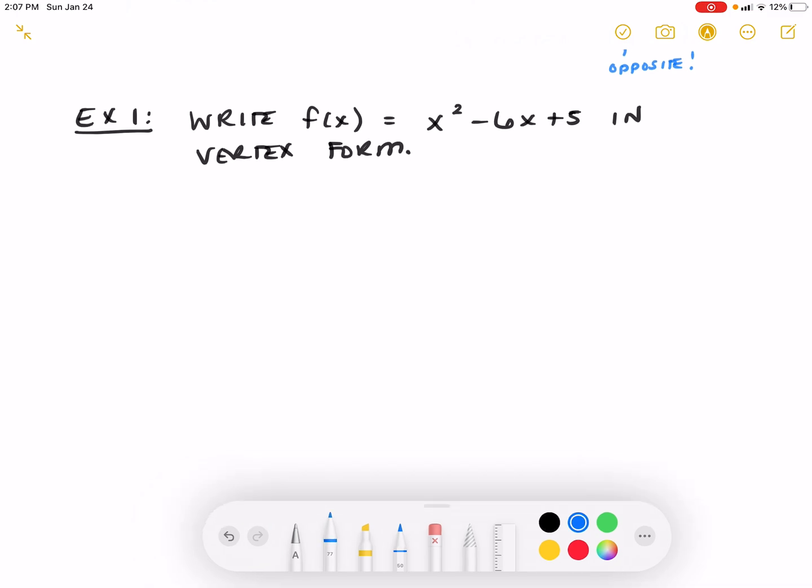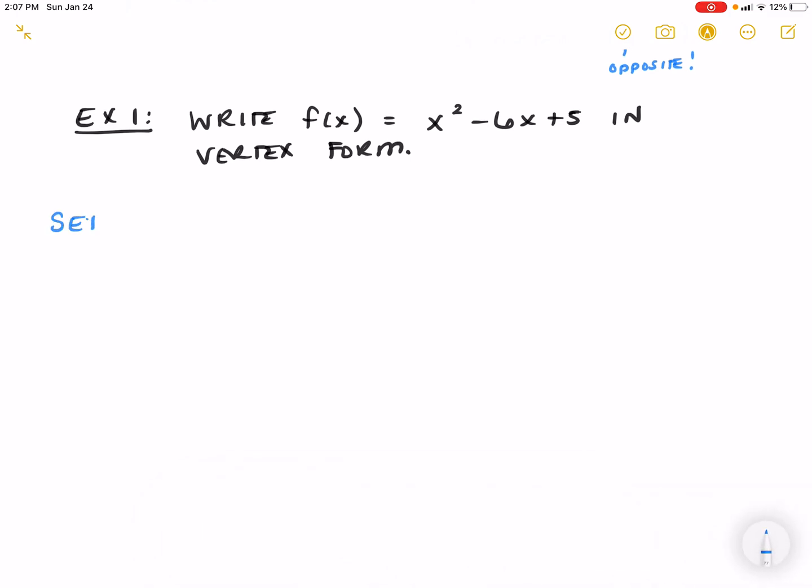So first thing we're going to do is set up this problem. I like the x's a little bit better over here on the left, so I turn the equation around and flip-flop it and put the variables over on the left. And what we're going to do is use completing the square.